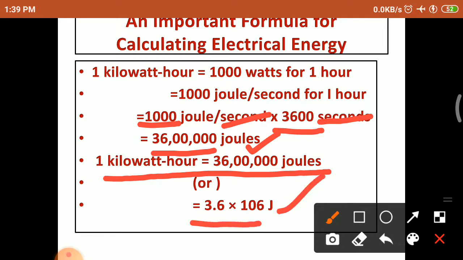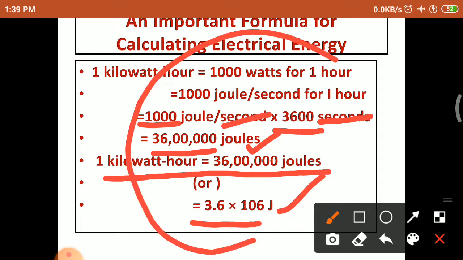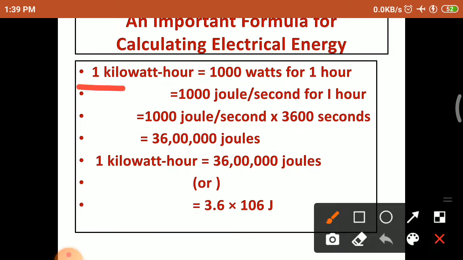So the commercial unit of electrical energy is kilowatt hour. 1 kilowatt hour is equal to 3.6 into 10 power 6 joule. And this is very important. How can we get 3.6 into 10 power 6 joule? You have to write 1 kilowatt hour.